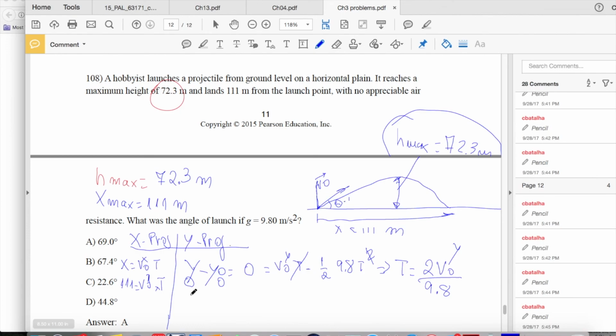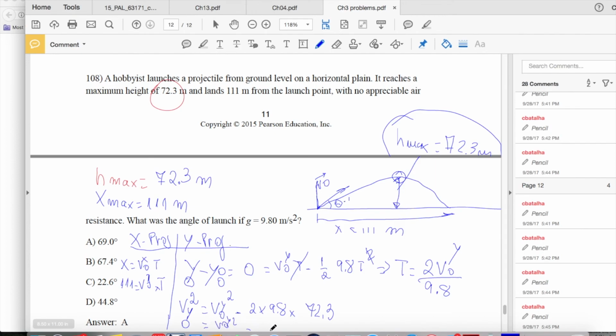So if you look at your y direction here, Vy final squared is V naught y initial squared minus 2 times acceleration times the displacement in y, which is 72.3. Since the final velocity at this point is 0, in free fall the velocity at the highest point is 0, this is 0.